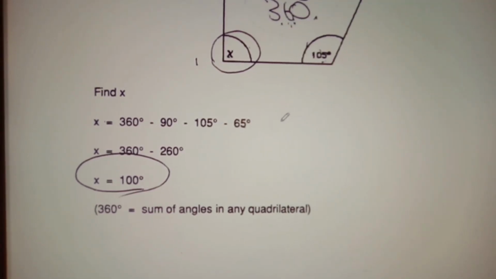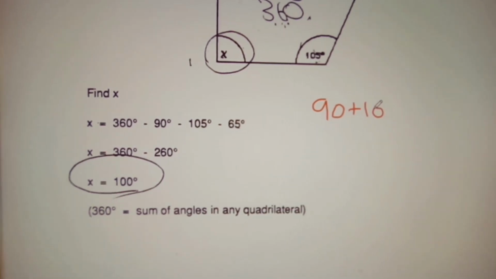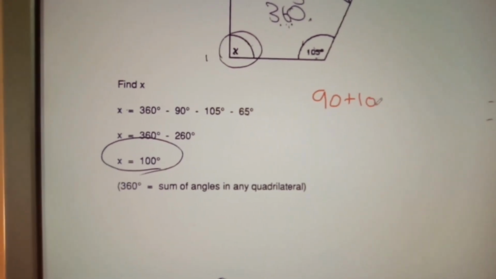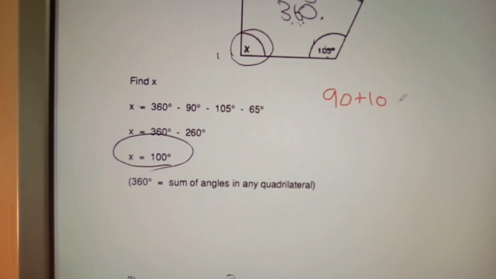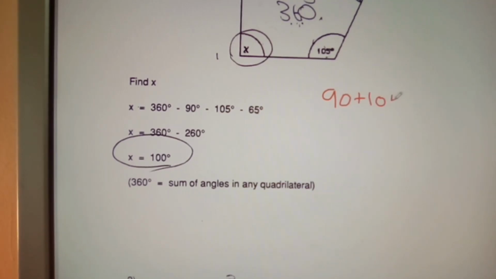I want to use the information: 90 plus 105 plus 65.